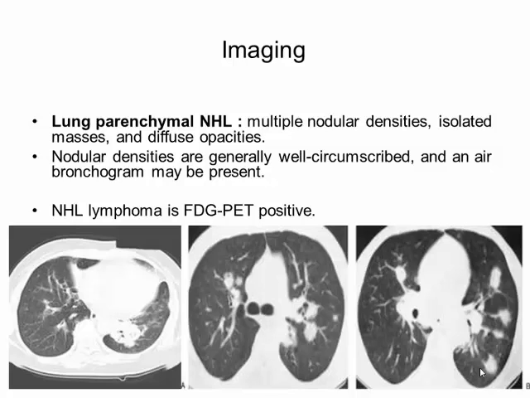Imaging, again, is not terribly specific. You can see multiple nodules, isolated masses, or diffuse disease. These are the nodules here. Maybe those are masses of lymphoma here. In the case we saw, there was parenchymal involvement showing a dense consolidation with air bronchograms, like a very thick pneumonia.